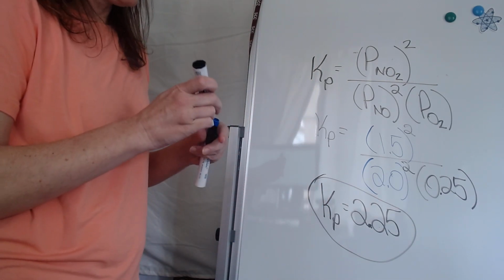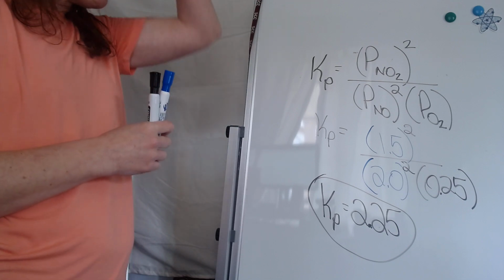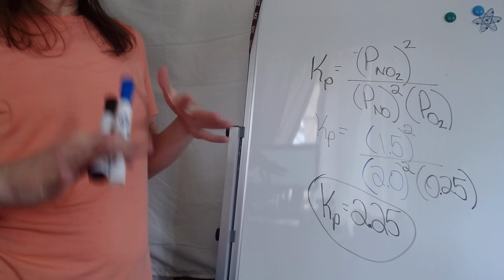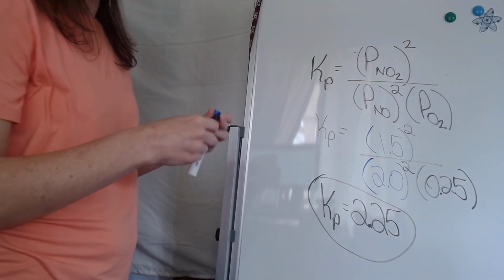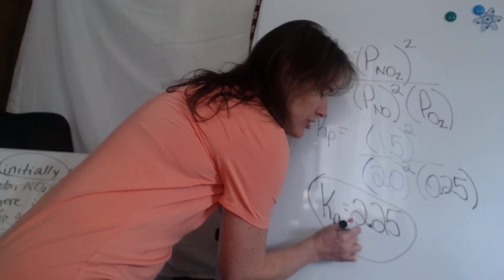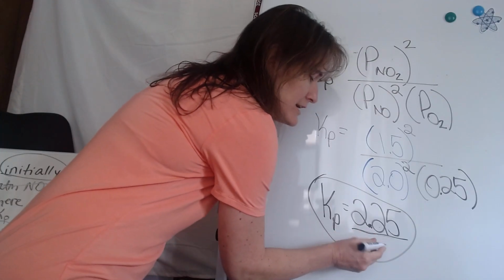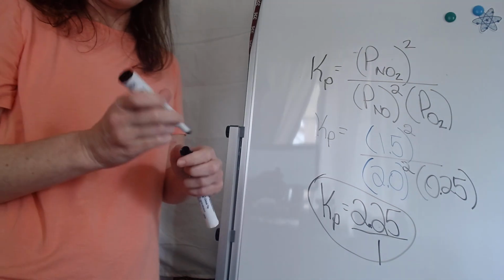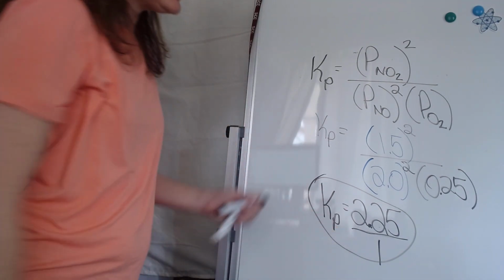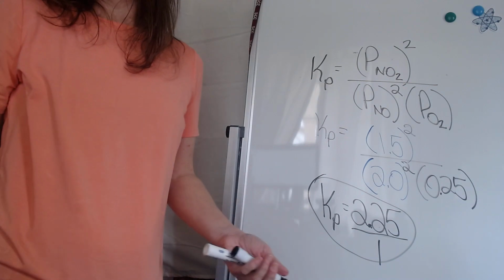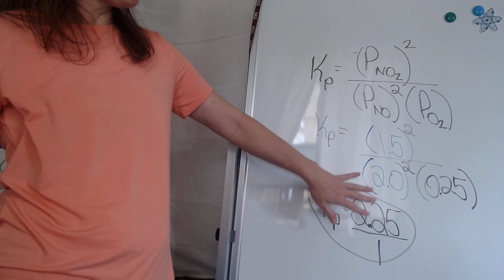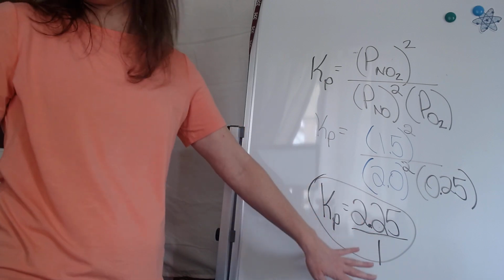So that number, it's not a real large number, but it is bigger than 1. And so you can kind of evaluate it and see what does it mean in terms of your quantities. And so it is a measure of how complete the reaction is. It's your product versus your reactant. And 2.25 versus 1, that is not a big difference. And so there's not a huge amount of product versus a huge amount of reactant.